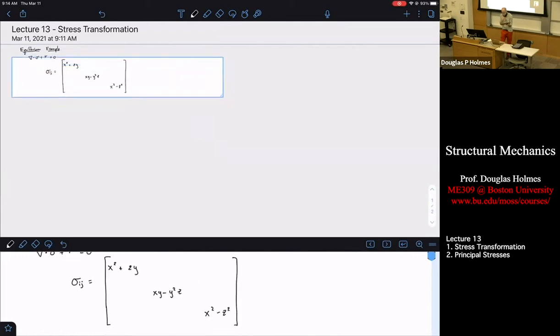Now we need our off-diagonal terms. Sigma xy is going to be negative xy squared. And this one will be 0. yz is this one. And xz is not 0. Let's say xz minus zx squared. What? Is that right? Cubed.